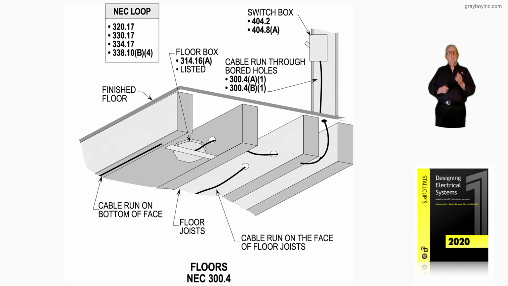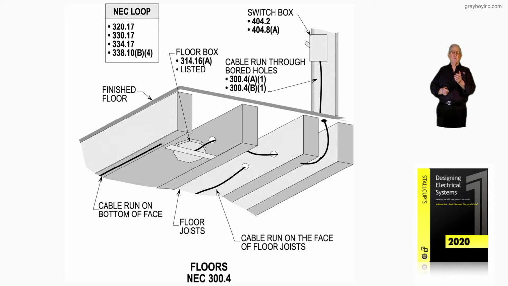Now, notice we have cables run on the bottom of the surface here, and that's okay, because this might be a pier and beam floor type construction, whatever, but this is just showing the cables.